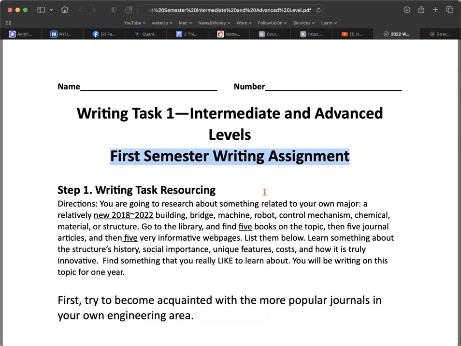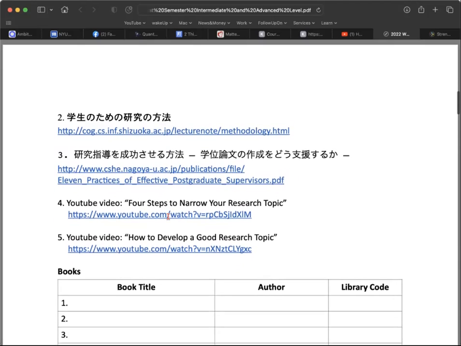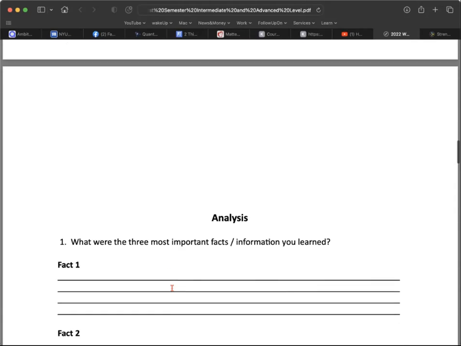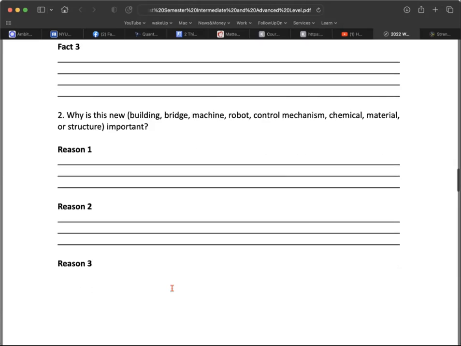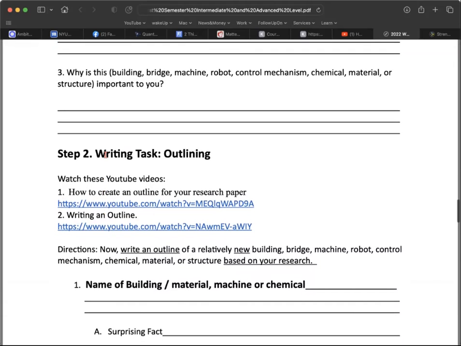You did this in the first semester with the journals or the Gakujitsu Shi, the books, and the URLs. And you filled all of this in, you read the books and you did an analysis, and then you did reason 1, 2, 3, and then you did your outlining, all of this.